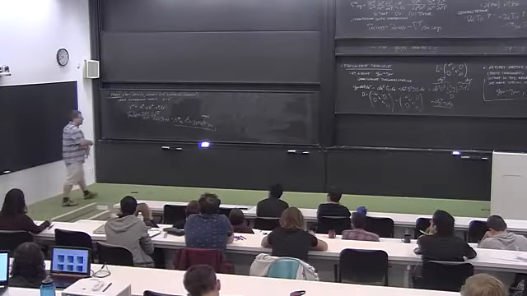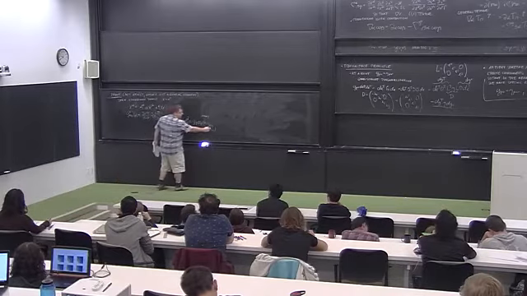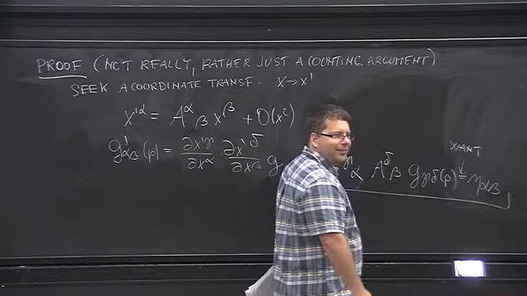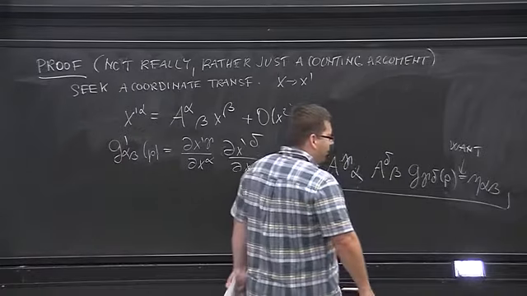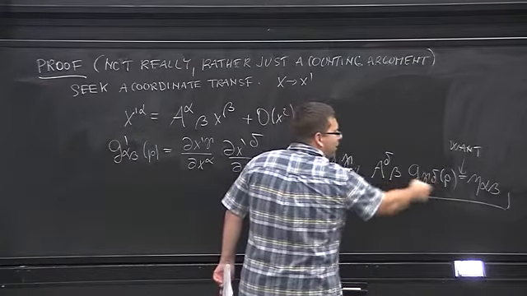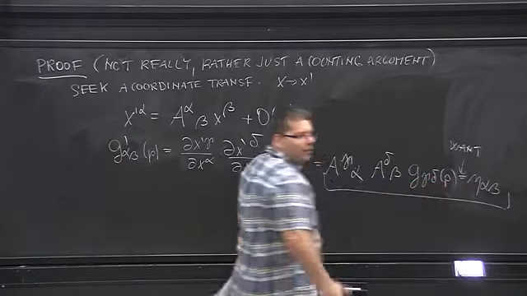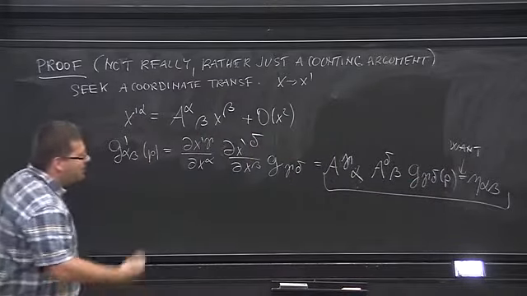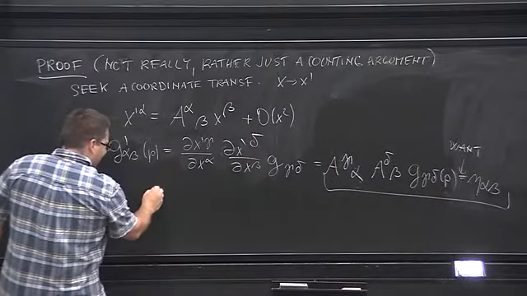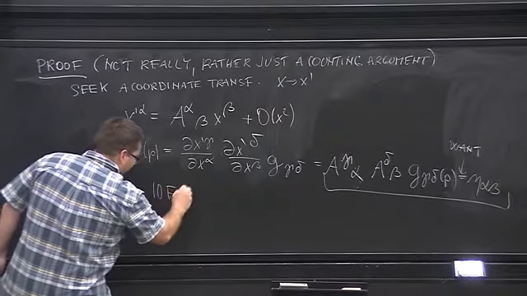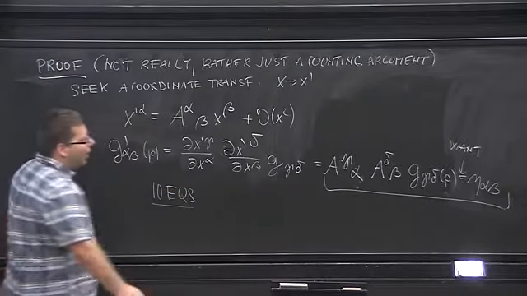This, does it have any symmetries? Well, okay. Yeah, very good. It's diagonal, but it's symmetric. Okay, so that's right. So we actually have 10 equations.